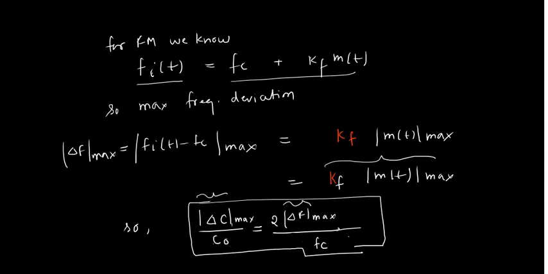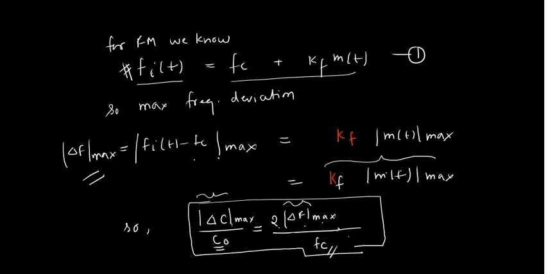This Kf into m(t) max is nothing but the maximum frequency deviation. If you remember, for any FM signal the instantaneous frequency is this, and the max frequency deviation is nothing but Kf m(t) max. So the max capacitance deviation divided by C naught is nothing but 2 times the max frequency deviation by Fc.